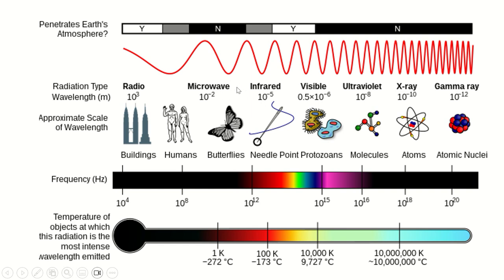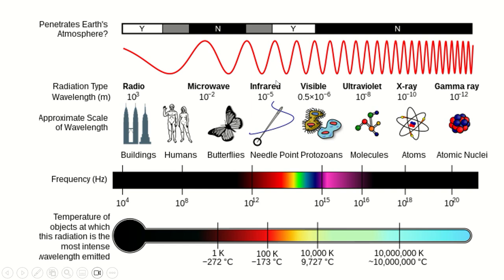But the infrared light, the one we are talking about right now, falls next to microwaves. That means its wavelength is smaller than the microwave wavelengths, but slightly bigger than that of visible light. So it falls between the microwave and the visible spectrum.